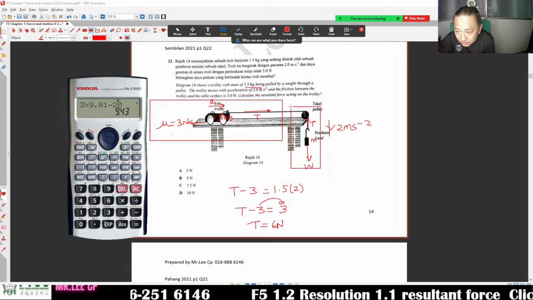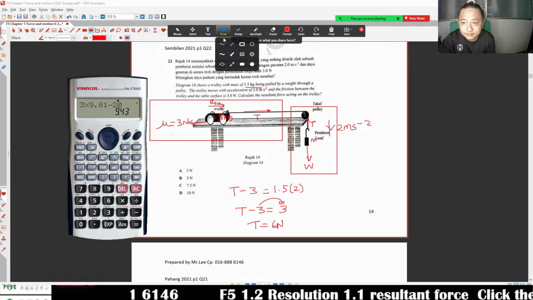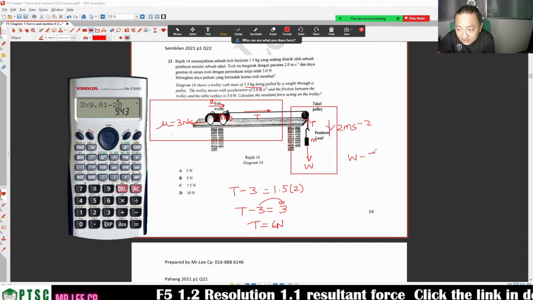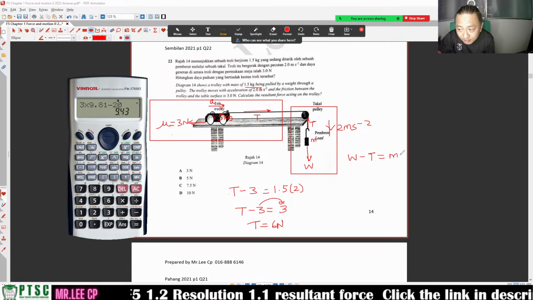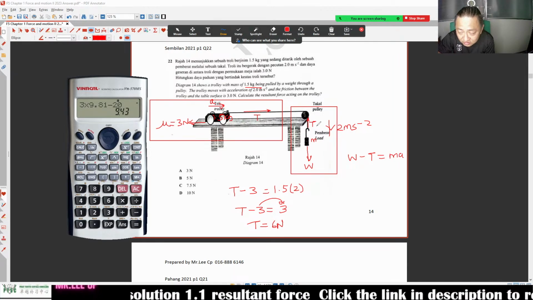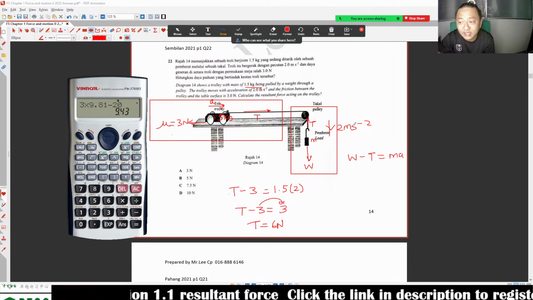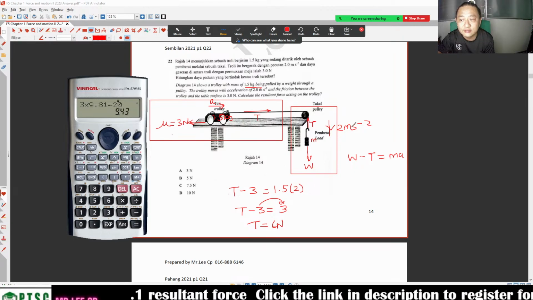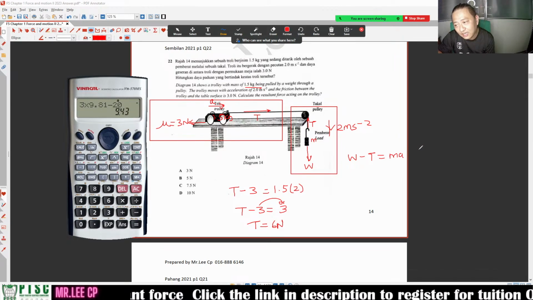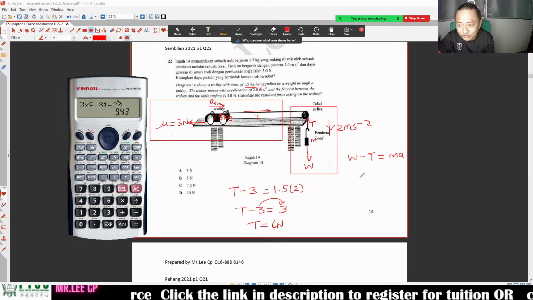Now I want to do this one so that I can find the weight. W minus T is equal to MA. W, the bigger one, minus the tension is equal to M times A. M I don't have. A I got 2, but I do it later. W first.